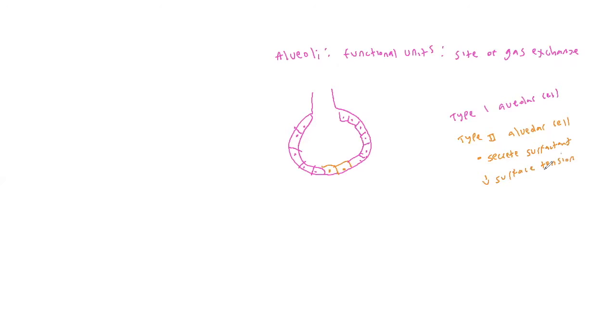An absence of surfactant secretion is normally seen in babies who are born premature. I think it's called infant respiratory distress syndrome, and it's caused by a lack of surfactant, which makes it difficult for the alveoli to expand. It's very important that the alveoli expand with gases because they need to diffuse into the blood.